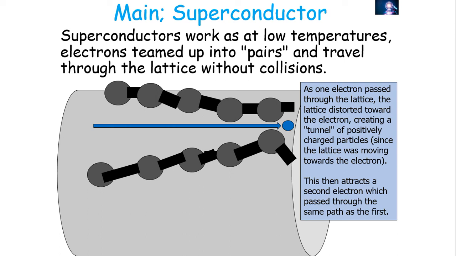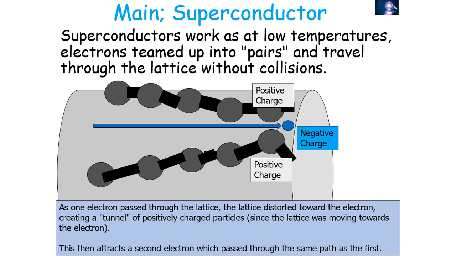Because as one electron passes through, the lattice distorts towards that particular electron, because it creates a tunnel of positively charged particles. Now the lattice is attracted to the negatively charged electron. So what will happen is it will form a positive charge area because there's lots of positively charged ions.